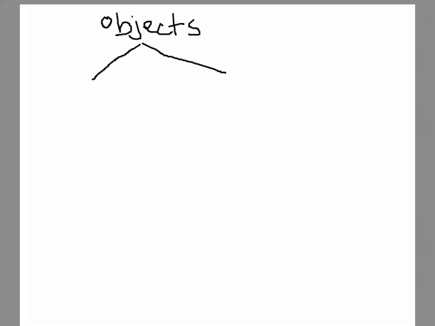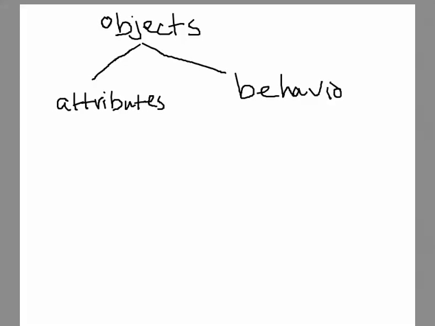What do we have in objects? Yes, we have attributes and behaviors. So any object in the world has an attribute, or a set of attributes, and behaviors.